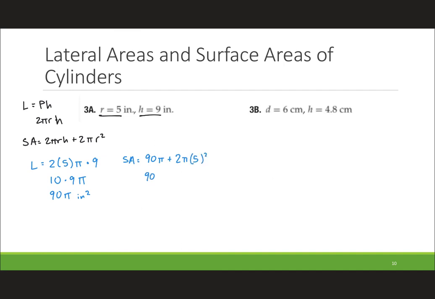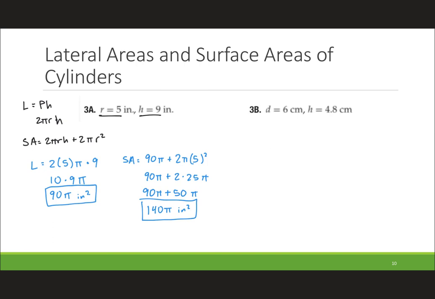So 90 pi comes straight down, plus 2 times 25 pi. And as you can see, it just follows nicely from here. Leave pi as a symbol in your answer. A cylinder qualifies as a circular shape, and therefore pi sticks along because it works for circles. And there's our answer, the lateral area and the total area.